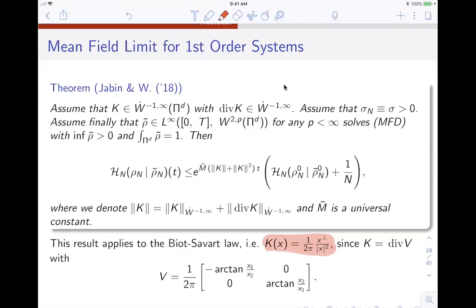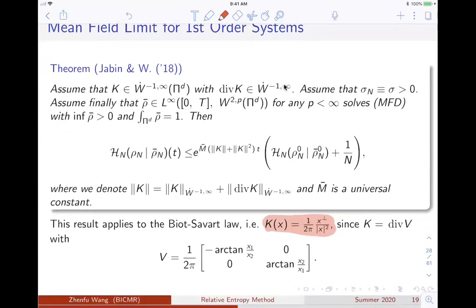I just want to use a specific example, the Biot-Savart kernel, and explain the idea. As I said, this is motivated by the weak-strong uniqueness results. We assume the limit solution rho bar is very smooth.